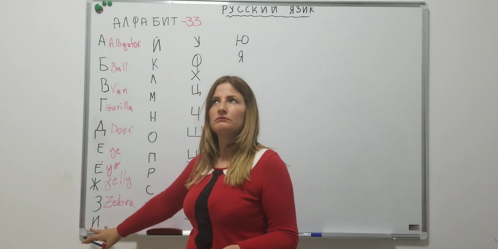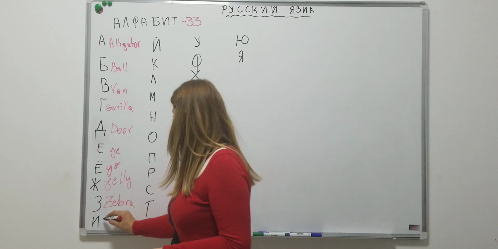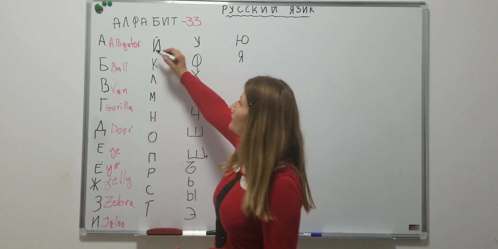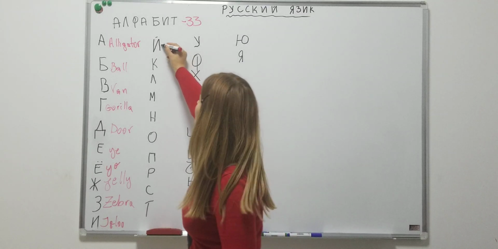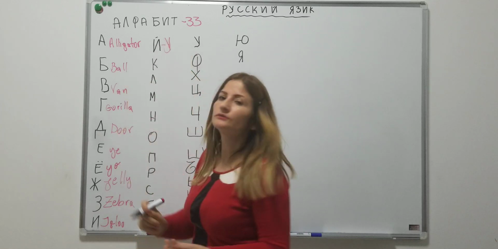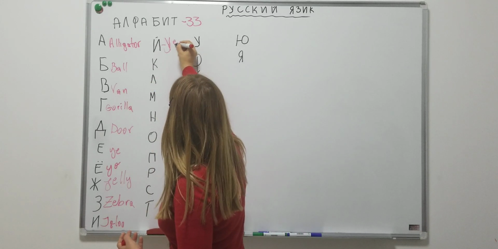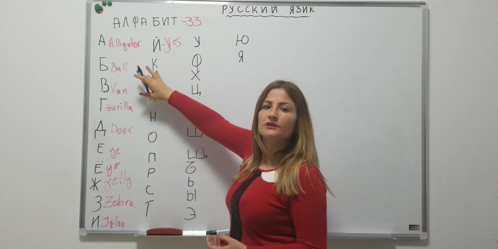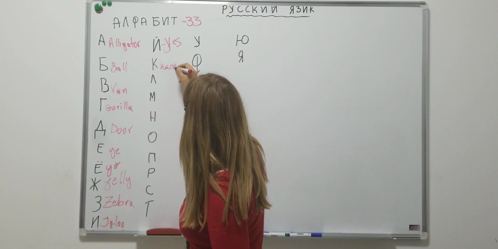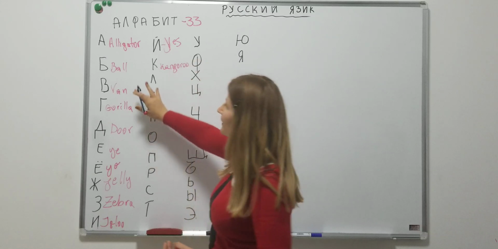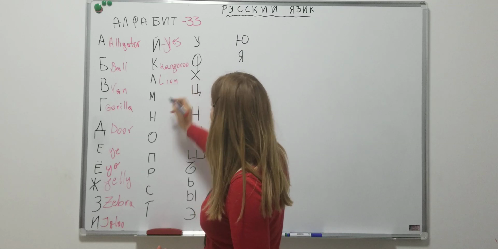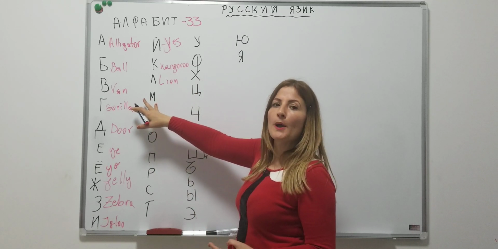E for igloo. U, so this is actually in English the letter Y. U for yes. K for kangaroo. L for lion. M for mom.